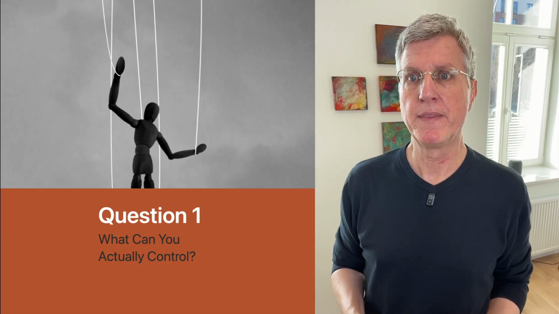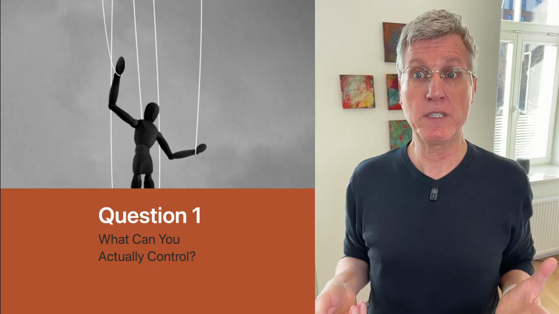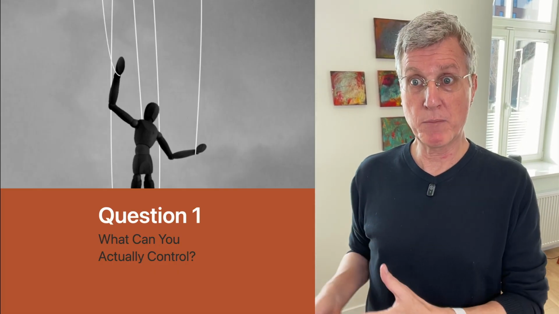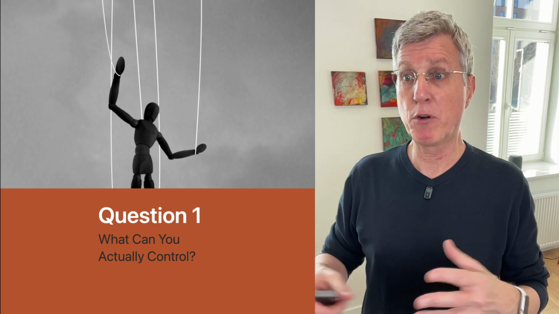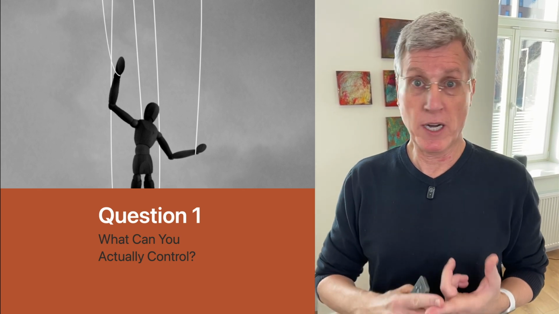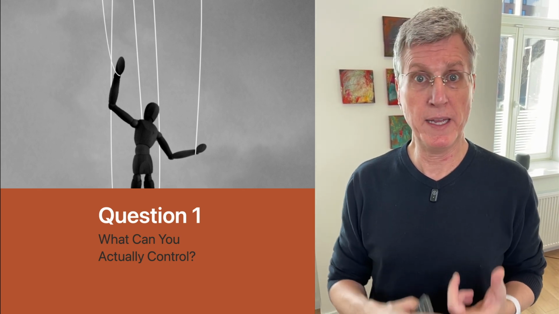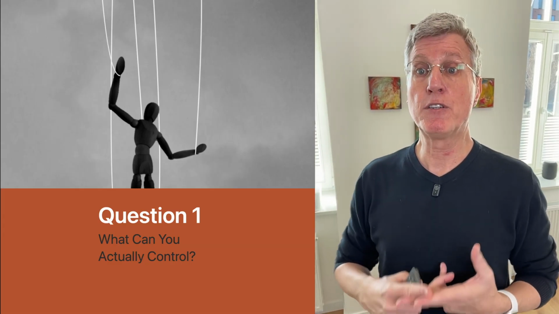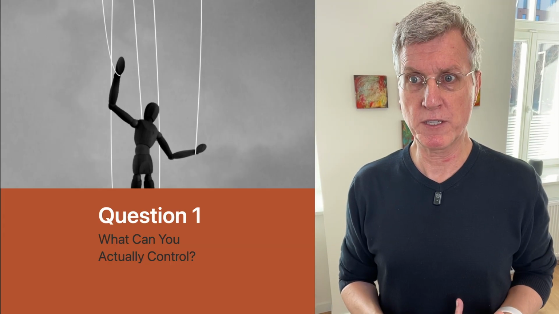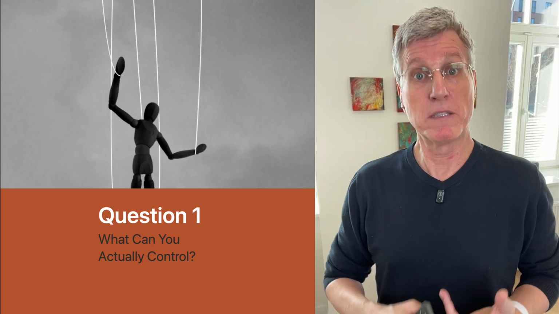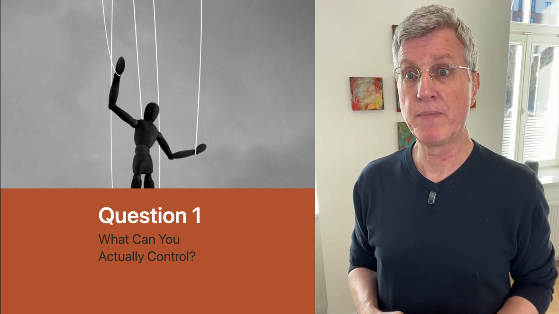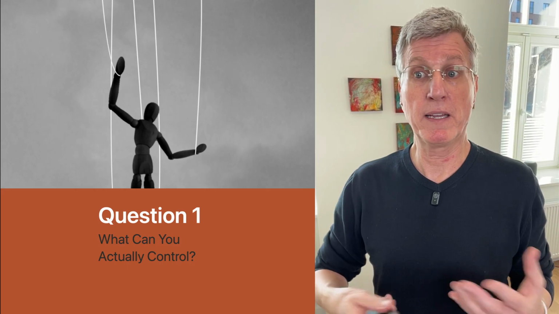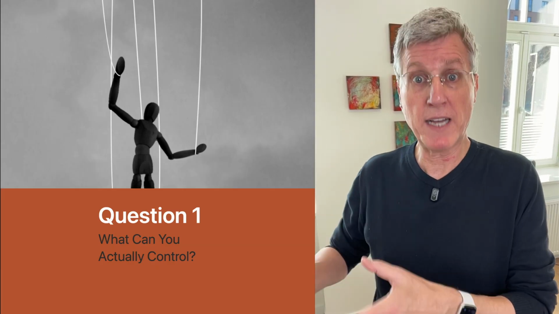Question 1, what can you actually control? The e-commerce model assumes that Maria can manage online inventory and fulfillment, that she can handle customer service and returns, that she can build and maintain a website and deal with shipping and logistics and the costs.